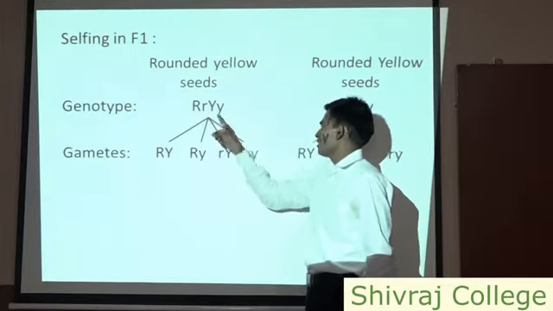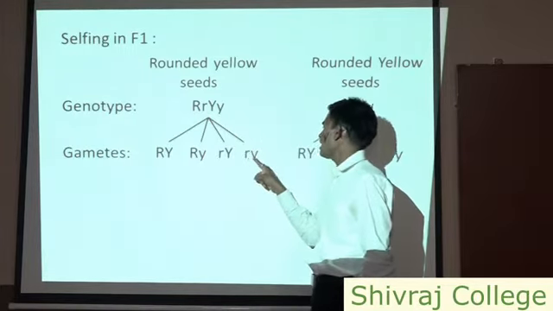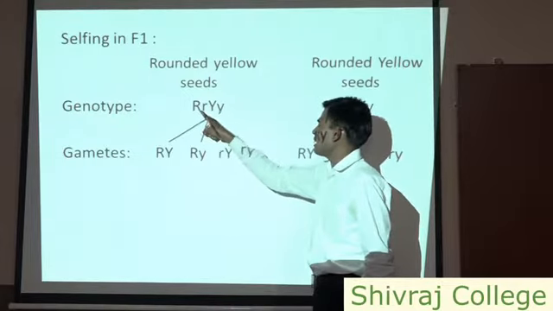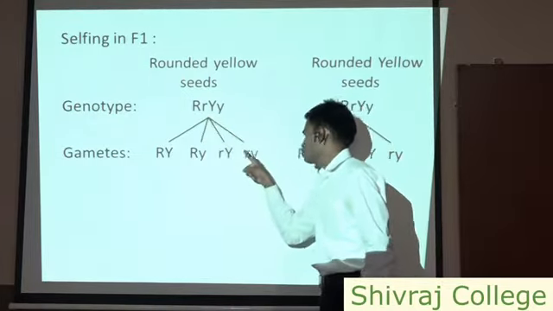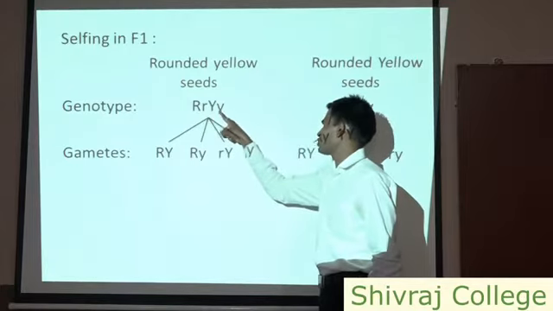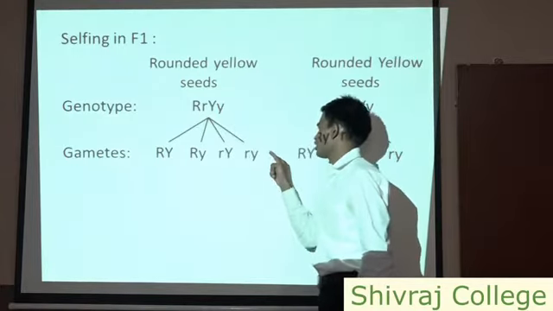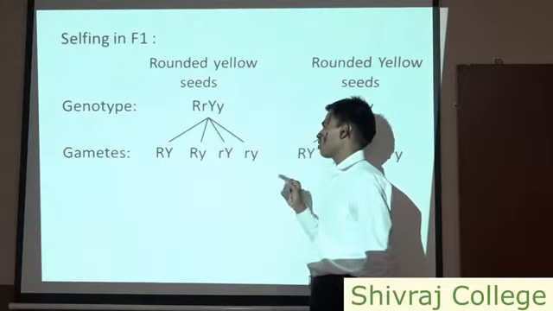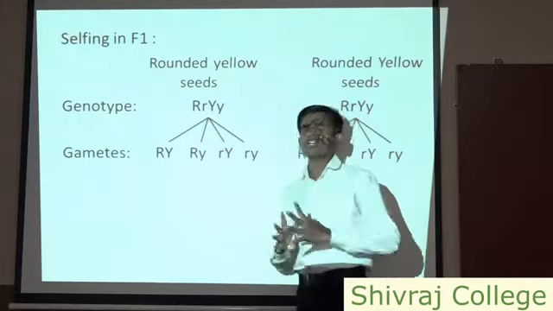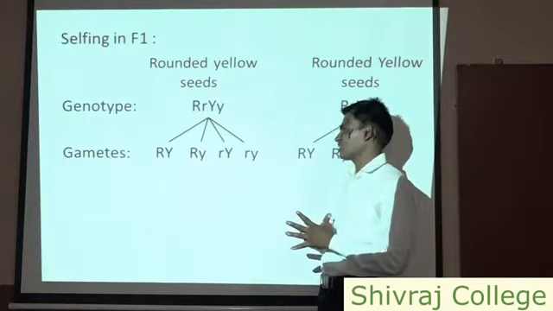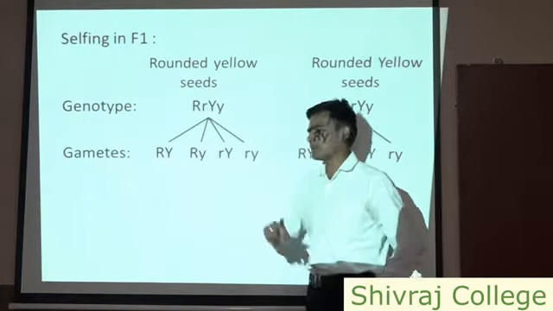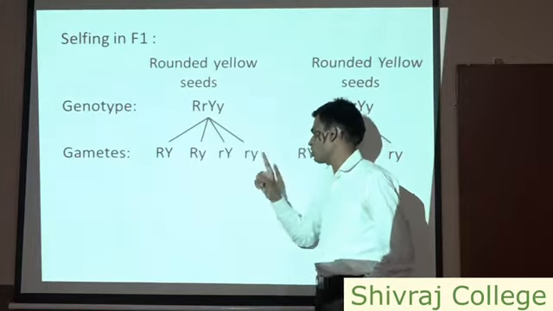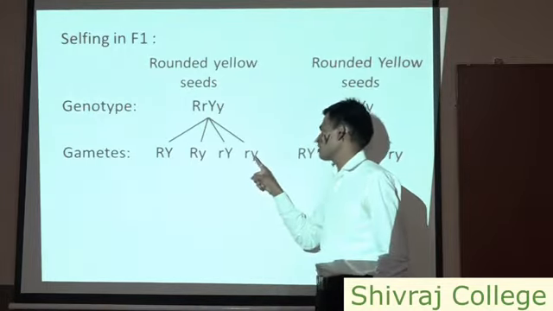Then the next one: out of capital R, small r, only small r, and out of capital Y, small y, only small y. So the last gamete contains small r, small y.